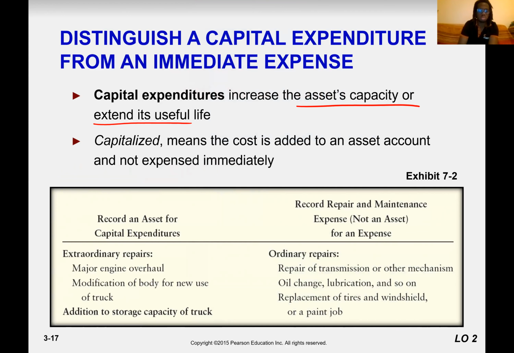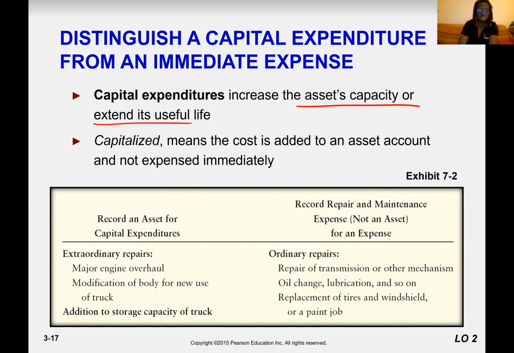So that expense for changing the tires increases its useful life. So we call that expense capital because its life has now increased for more than 1 year, like 3 years, right?